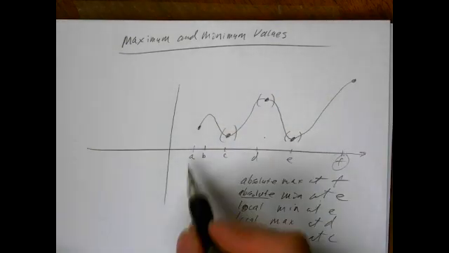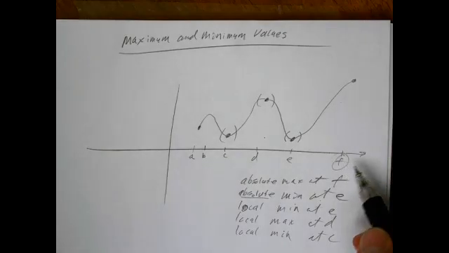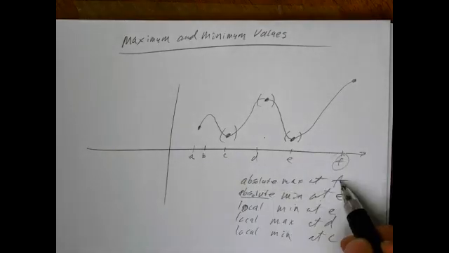But what about A? What about F? F was your absolute max, but F is not a local max.